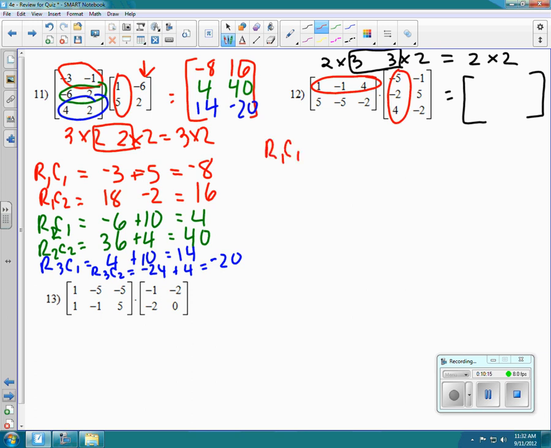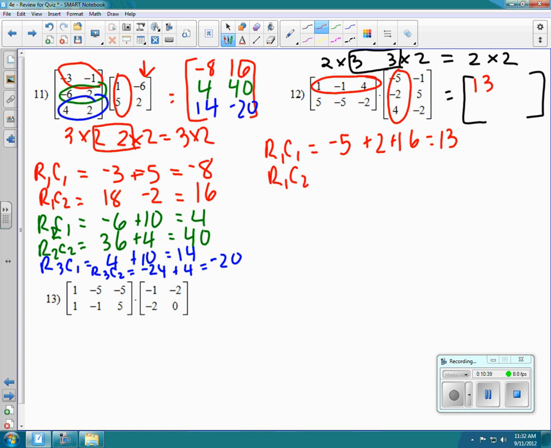Row 1, column 1. Now I've got 3 numbers to multiply. 1 times -5, -1 times -2, 4 times 4. So I have 3 numbers to add up. -5 plus 2 is -3, and -3 plus 16 is 13. And that goes in row 1, column 1.